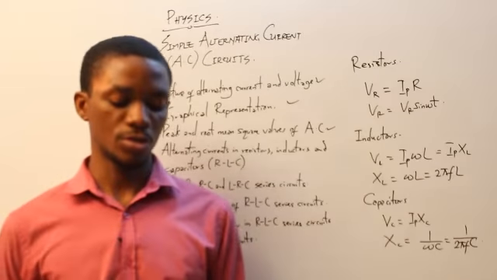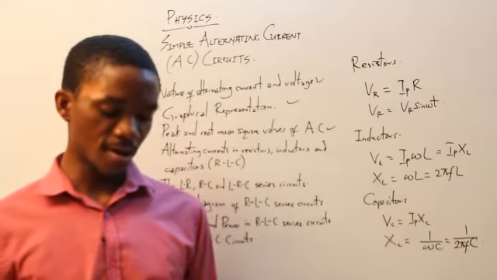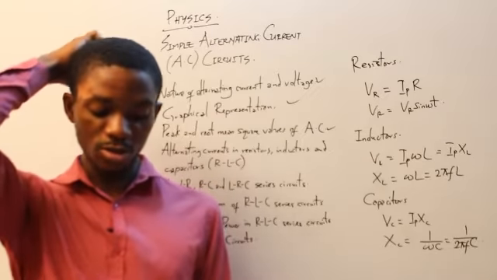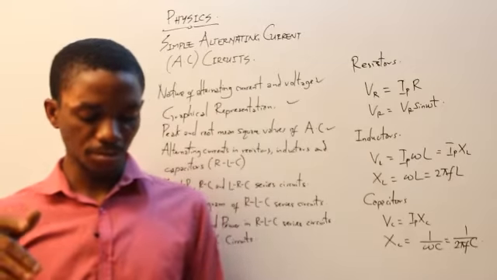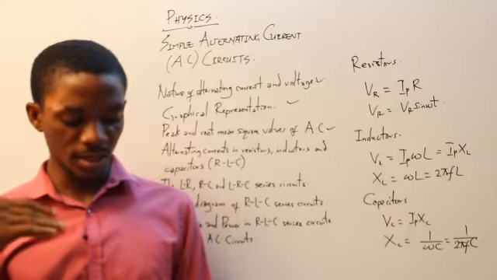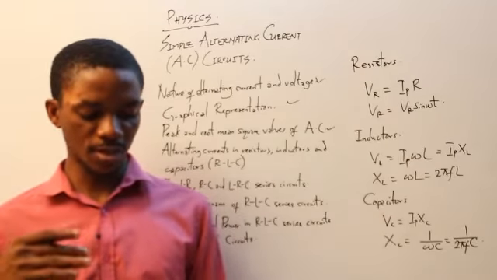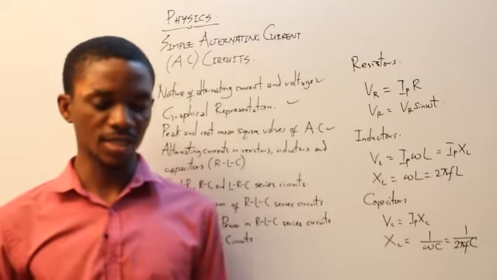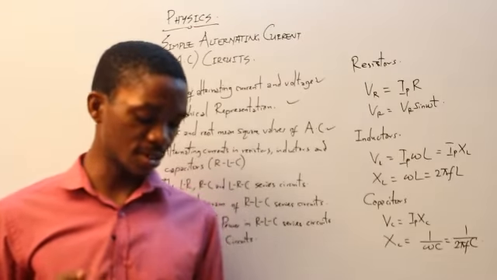In this table, we have our electrical circuit components, the circuit elements. We have resistors, we have the formula, of course. The phase angle of the voltage in resistors is in line with current. Voltage and current are in the same phase.